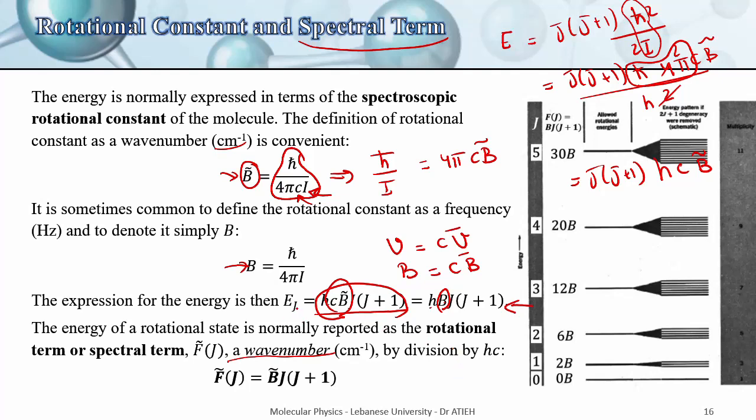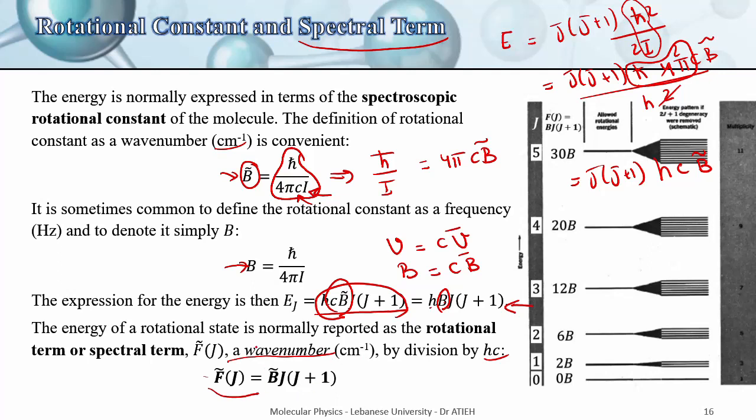How to move from energy to a wave number? We divide by hc. So dividing by hc, we will arrive to the spectral term F(J) equals BJ(J+1).